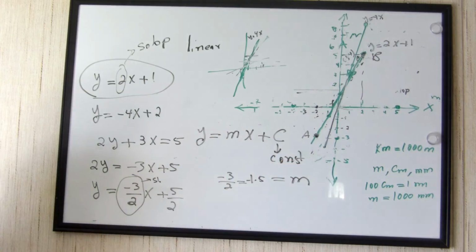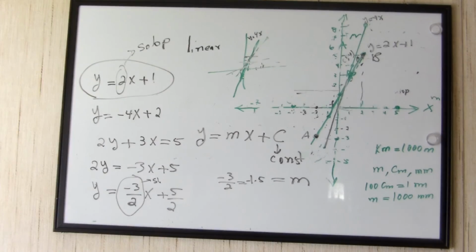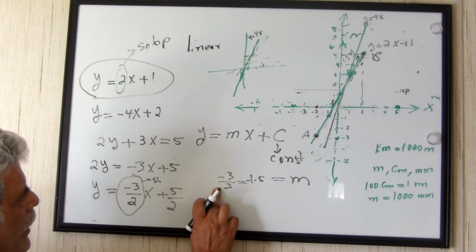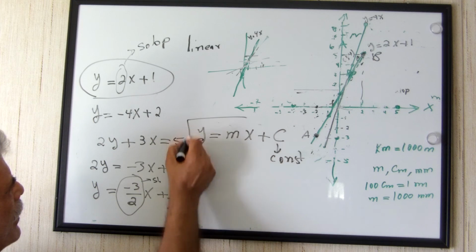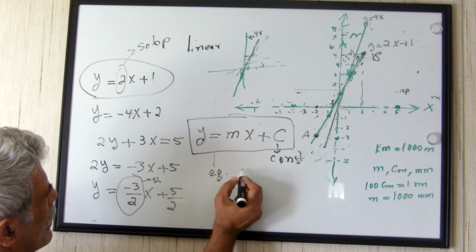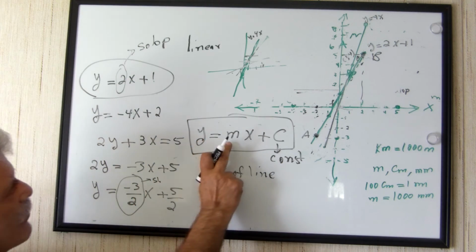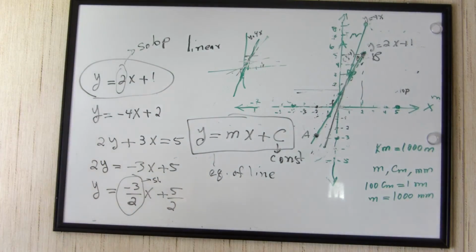We probably don't have time to talk about it in this video, but we have to have a slope and then the constant, that we will talk about later. Thank you.